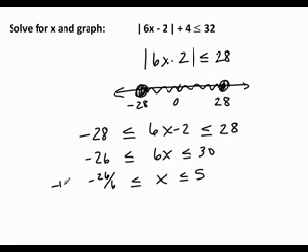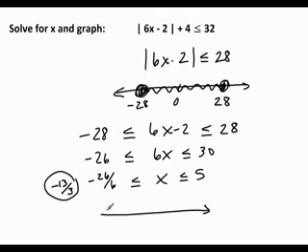This is the same as negative 13 thirds. I'm going to use that number instead. And now to graph, negative 13 thirds, positive 5. And now I know I have a closed circle at each, and I want to shade all the values in between.